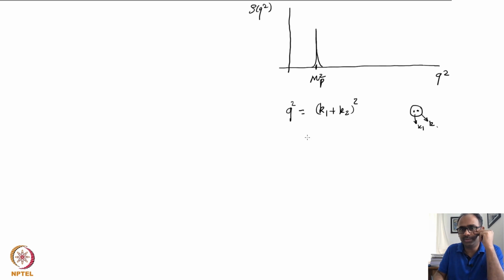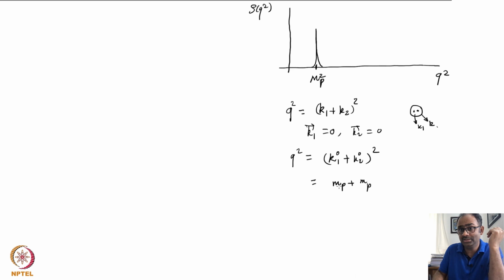The minimum value is when you have the 3 momenta of both of them equal to 0, and in that case q square is just k1 0 plus k2 0 squared, but k1 0 is mp, k2 0 is also mp, so that's 2 mp squared.